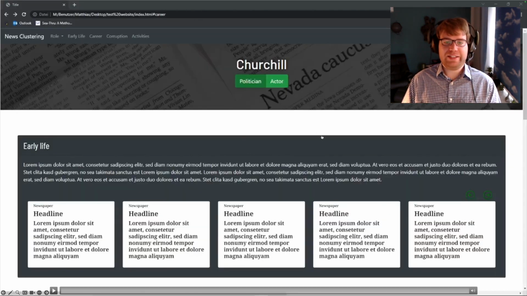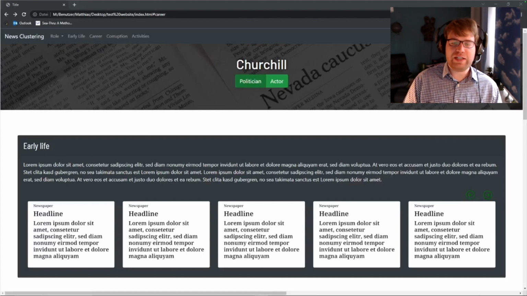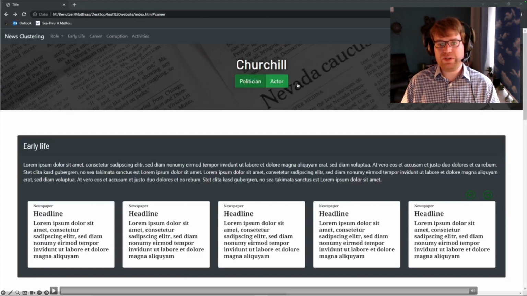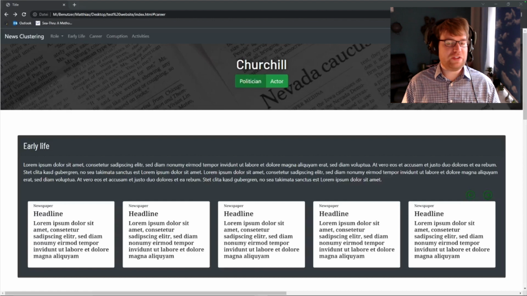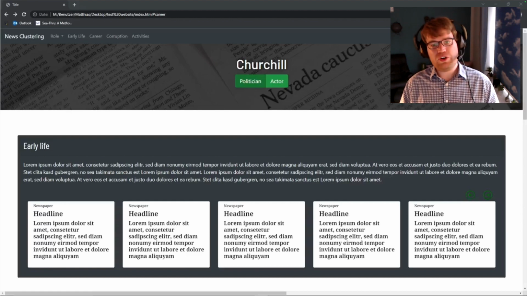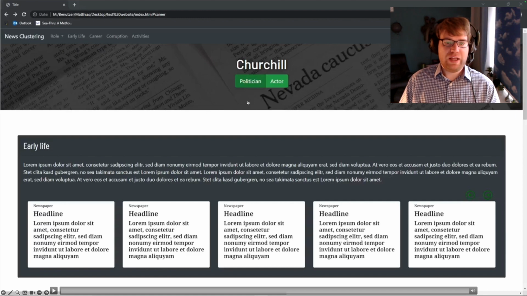Our goal was to create an interface like this, where we have a person like Churchill. Churchill has different roles. He was a politician and an actor. By switching between the different roles, a user can see what is told about Churchill as a politician and what is told about Churchill as an actor. And we thought that different roles have different aspects.